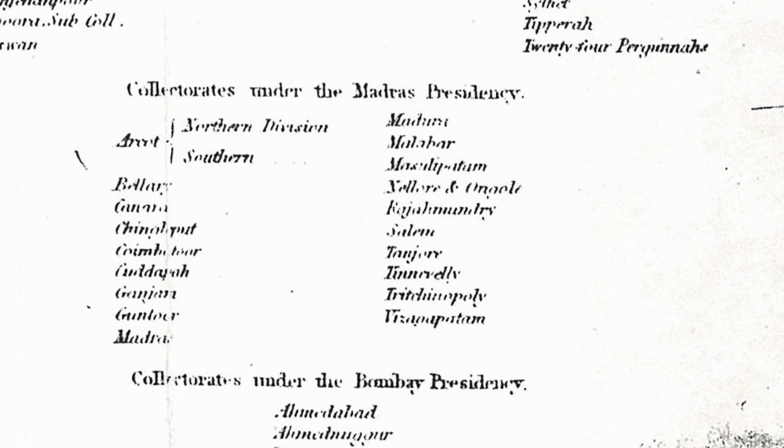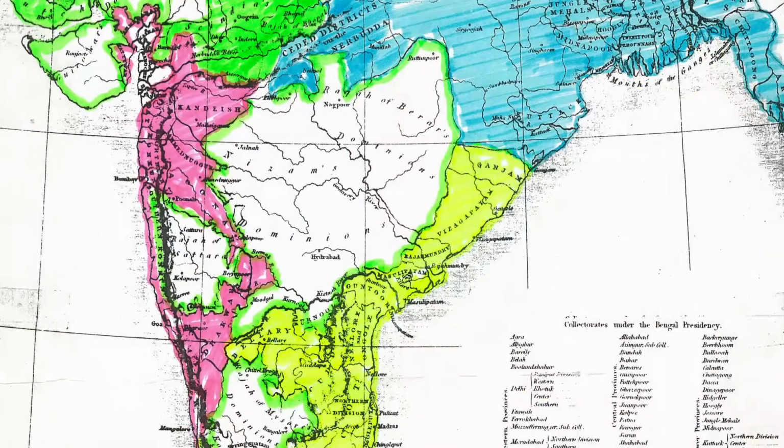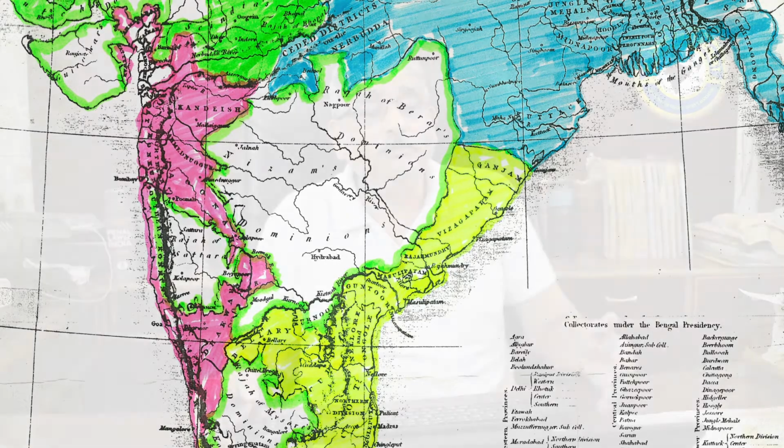The third area was in red, which was the Bombay Presidency of 1833. This presidency also had no grants, but it had cantonments like Ahmedabad, Pune and Belgaum.